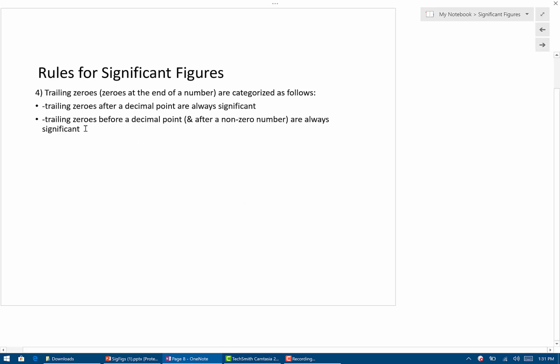Okay, so another sub rule here is that trailing zeros before a decimal point and after a non-zero number are always significant.